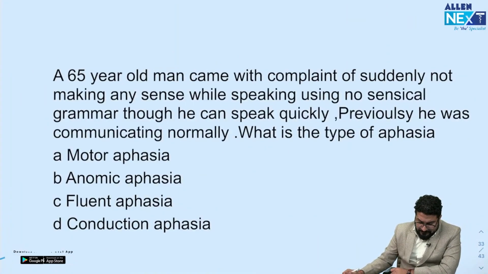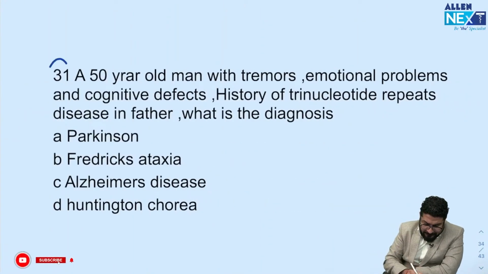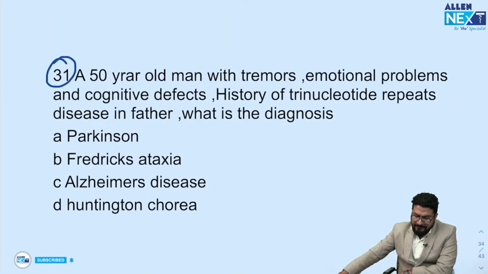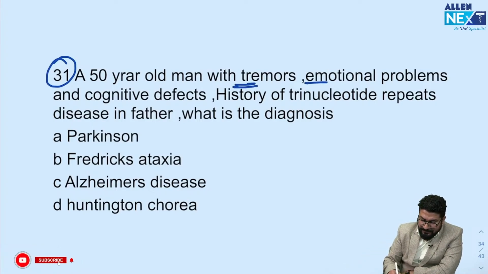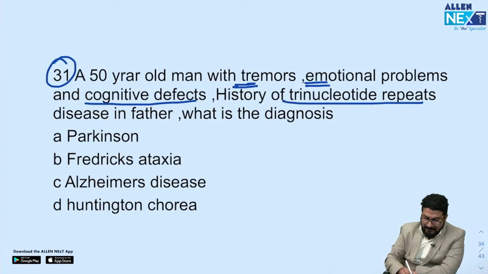Okay, next one. This question came in the exam. A 51-year-old male with tremors, emotional problem, and cognitive defect. History of trinucleotide repeat disease in father. What is the diagnosis? There is tremor, emotional problem, and cognitive defect, and a history of trinucleotide repeat. Parkinson will not have that history. Alzheimer will not have that history.